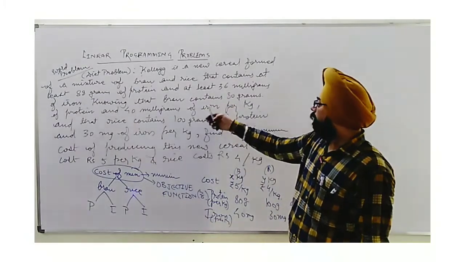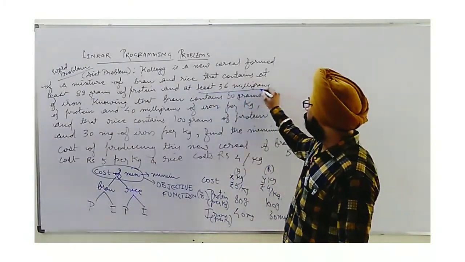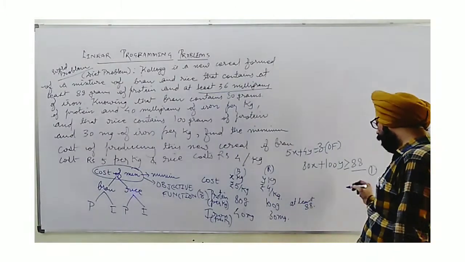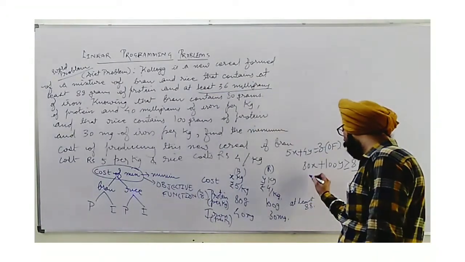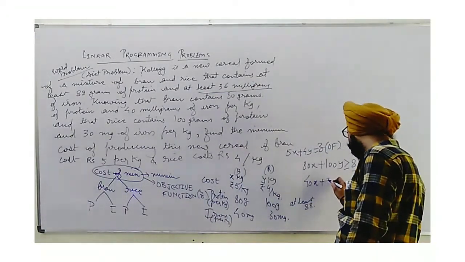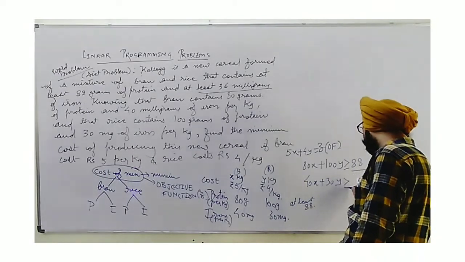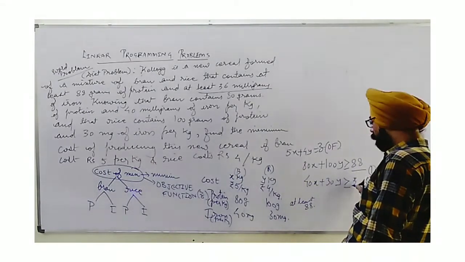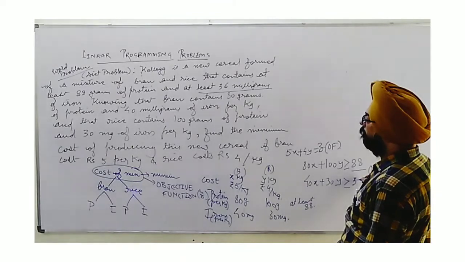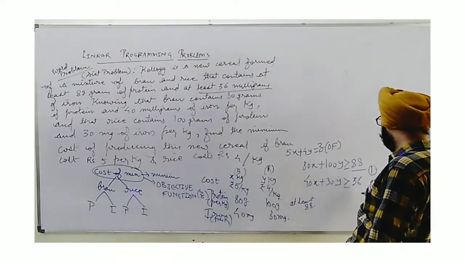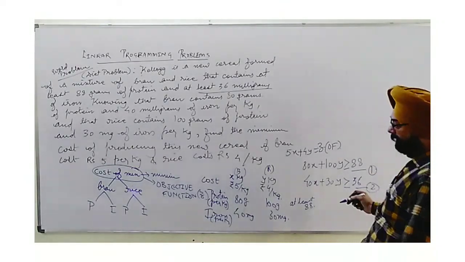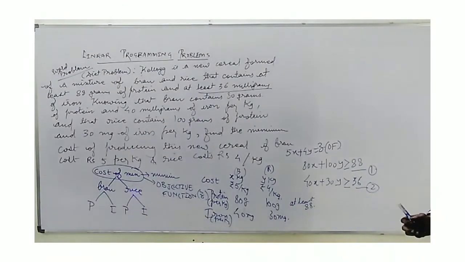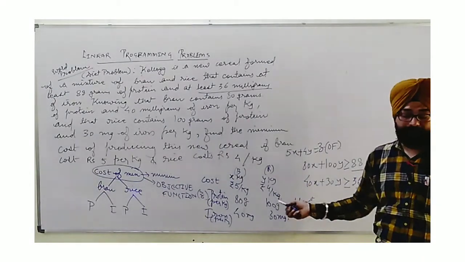We are told that iron is at least 36 mg. So again, at least, so we will write 40x plus 30y is greater or equal to 36 and nothing else. As we can see, bran and rice contain only protein and iron.